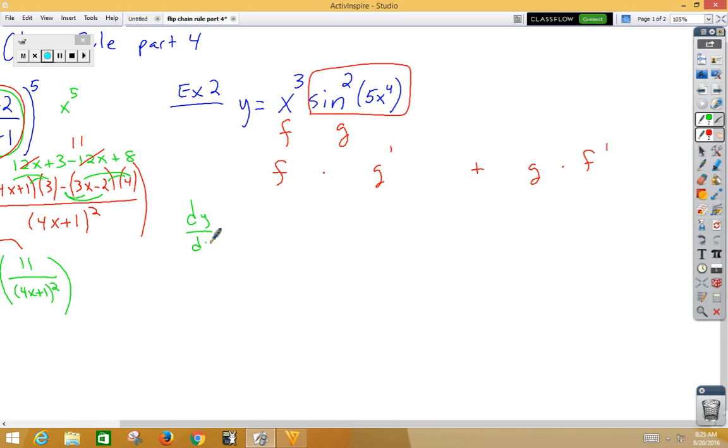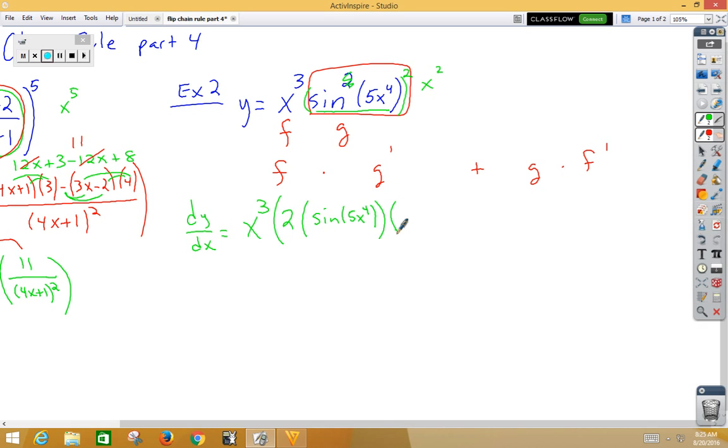dy/dx is equal to our first function, x cubed. We're going to multiply that by the derivative of the second function. Let's think of this with the square there. So our inside function, sine 5x to the fourth, our outside function, x squared. So 2, don't change the inside, multiply by the derivative of the inside.